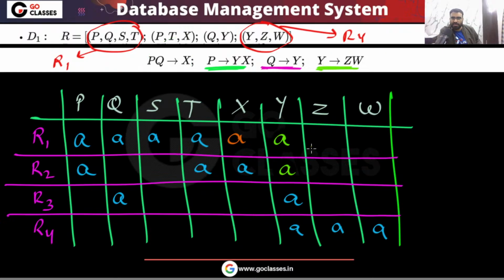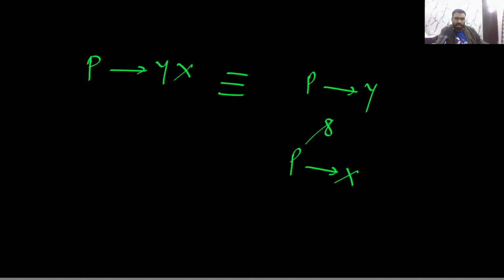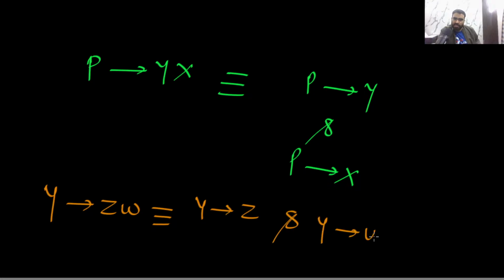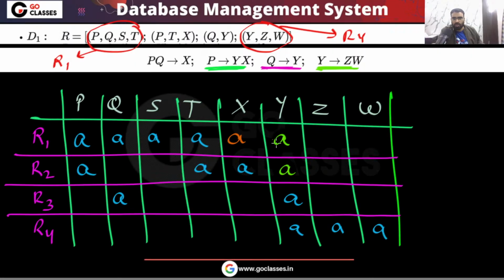Let me apply this FD. Y determining ZW. Remember what it means? When I say Y determining ZW, that simply means Y determining Z and Y determining W, because we can split the FD on the RHS. So again, whenever two tuples have the same Y value, they must have the same Z value.